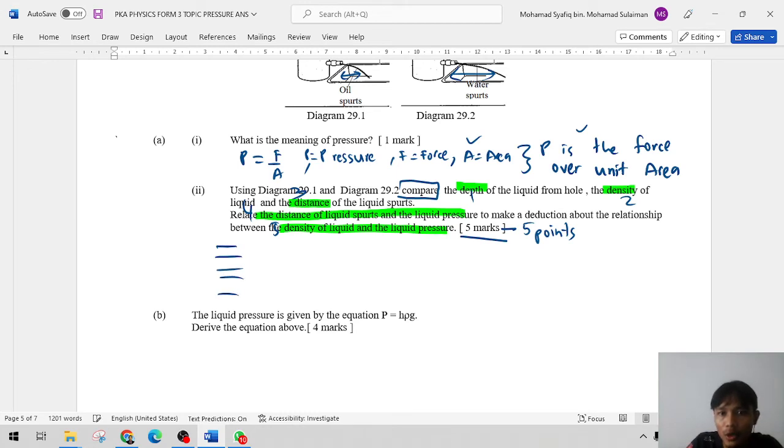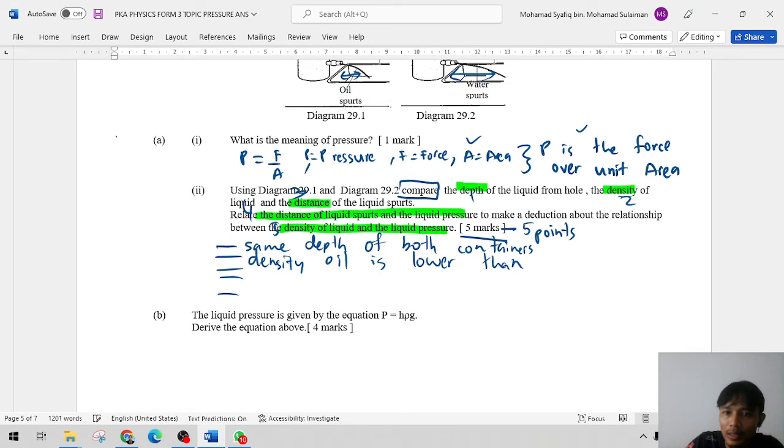So the first one, compare the depth. Same depth of both containers. The second one is about density. So if you look, density of oil is smaller than density of water.